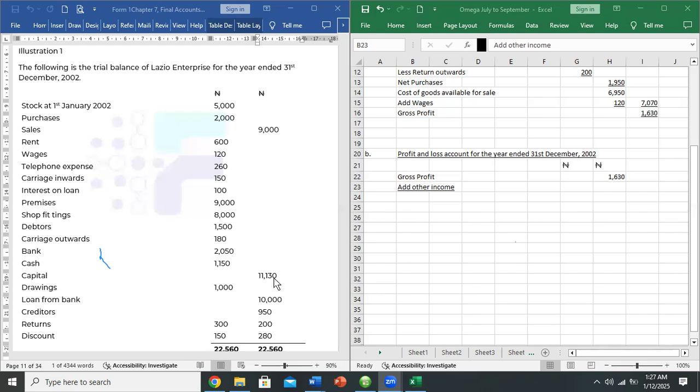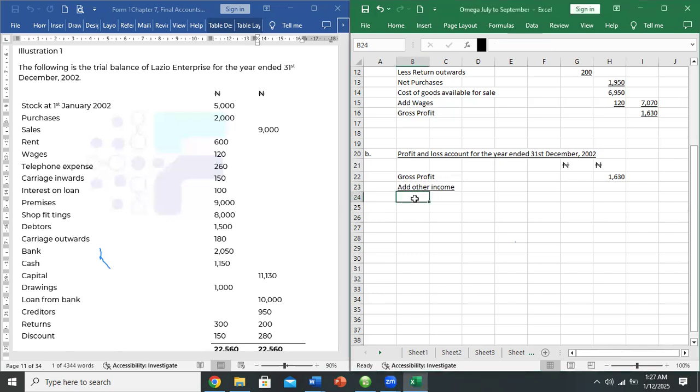Capital, no. Loan from bank is a liability. It's not an income. Creditors is also a liability. Return outwards, we have used it already. Then you see the last figure, which is 280. You check the item and it is discount. So that is discount received. So that will be part of your other income.